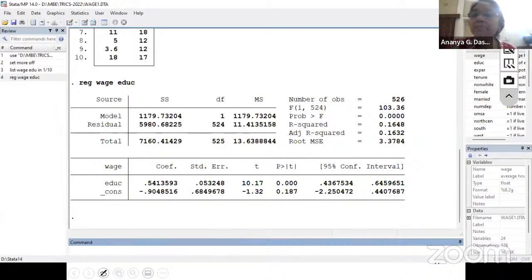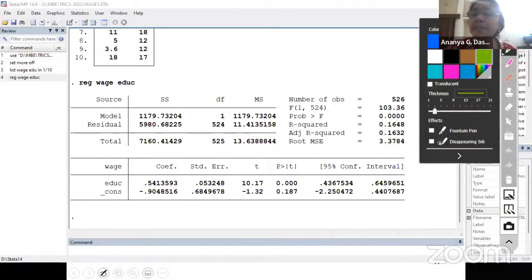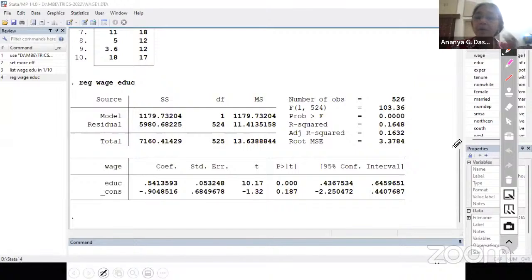But let me start by telling you where alpha hat and beta hat, those numbers, are coming from. This is the command that I gave in Stata. My dependent variable is wage, and you can see this is my alpha hat. The coefficients are estimated here.